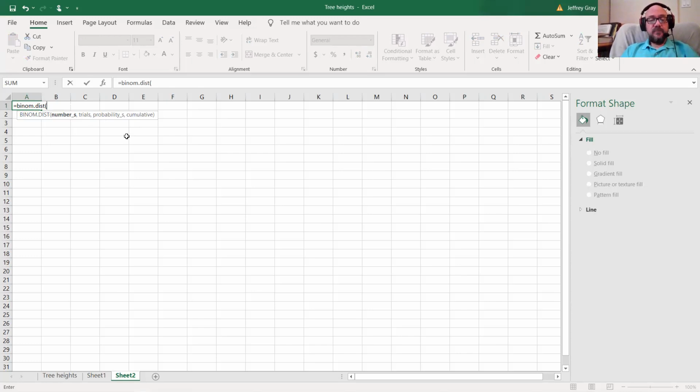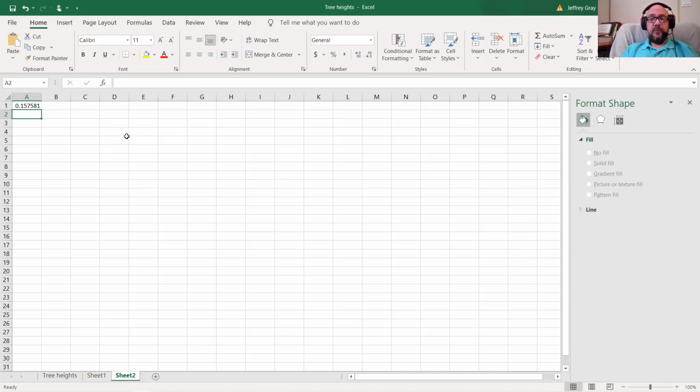So 6 successes, 10 trials, probability of success 74%, and cumulative false, if we are doing the first problem. And there you go, 0.1576, just like we found before.